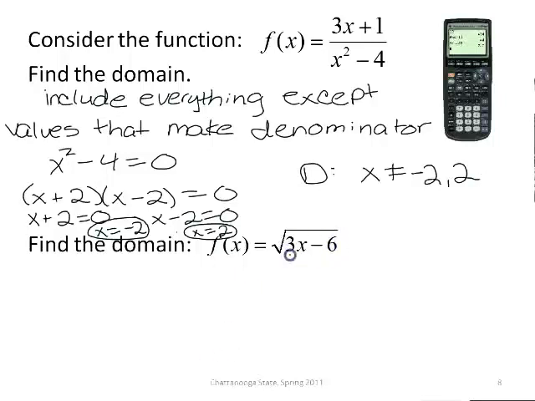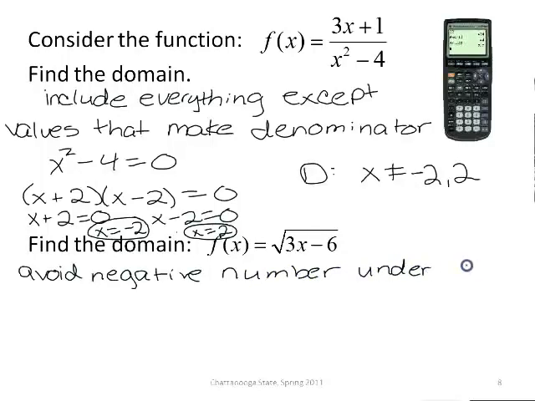This example has a square root in it. And remember, here we want to avoid a negative number under the radical because we can't take the square roots of a negative number. So to avoid it being negative, we want to force it to be positive.